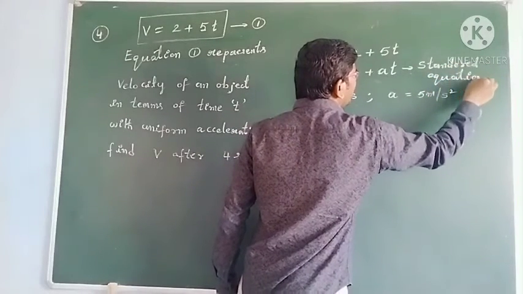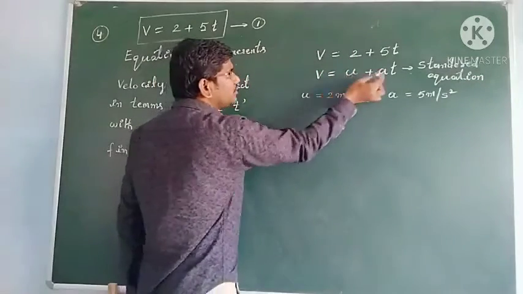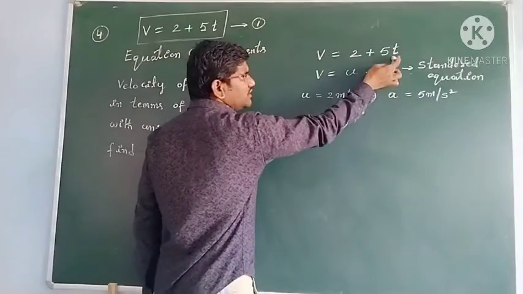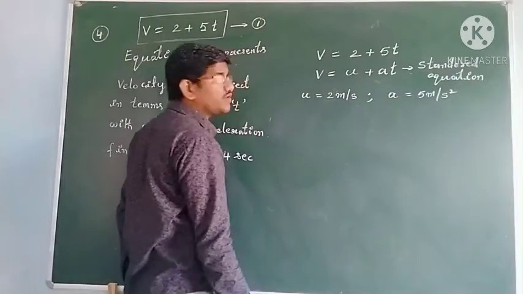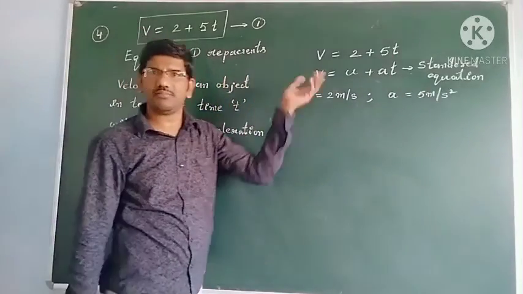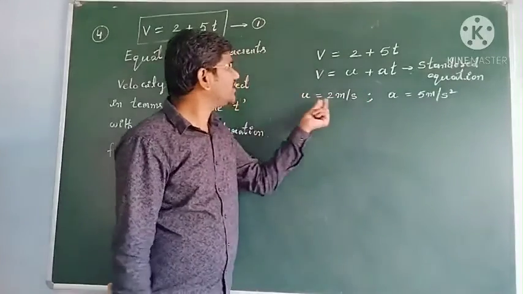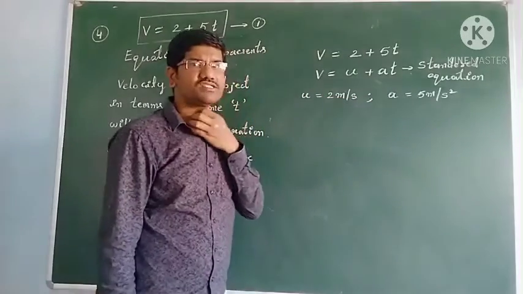So we are comparing the given equation with the standard equation. The t coefficient is acceleration, the t coefficient is 5, so we got acceleration, and they will give you whether all are in SI units or not. So I am taking SI units. So acceleration I got 5 meters per second square, and initial velocity I got 2 meters per second.